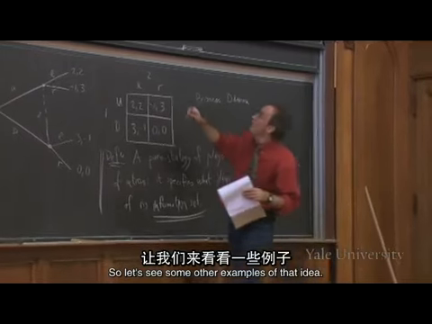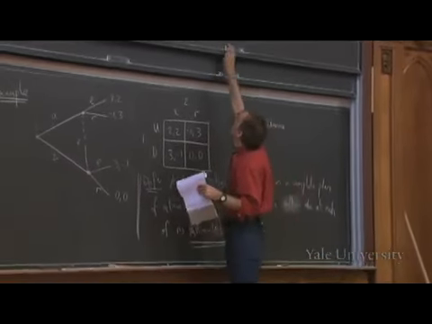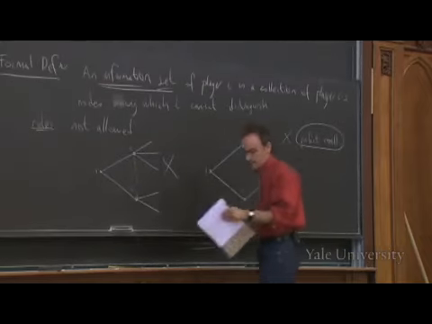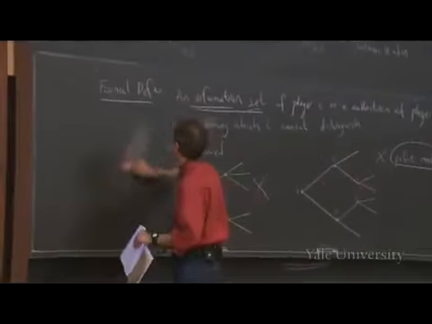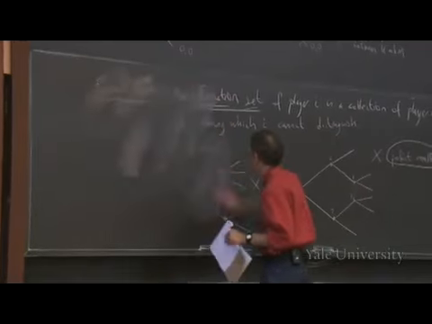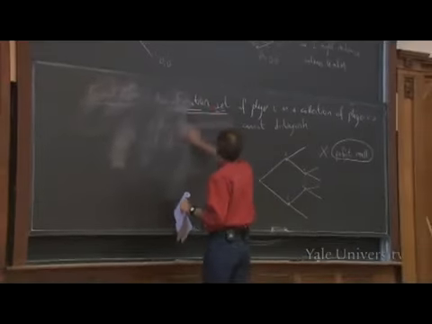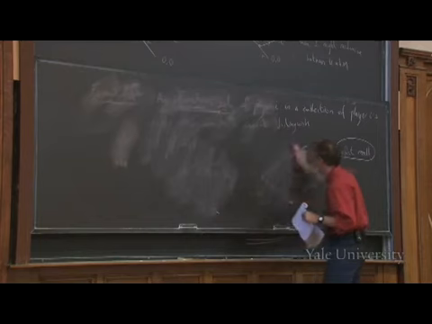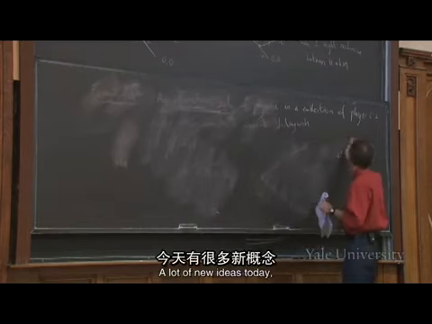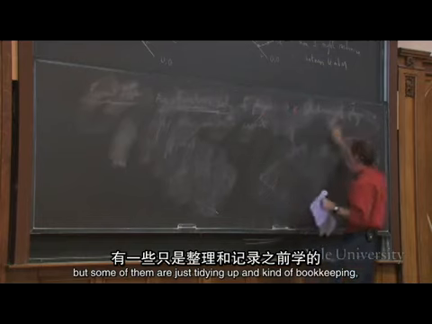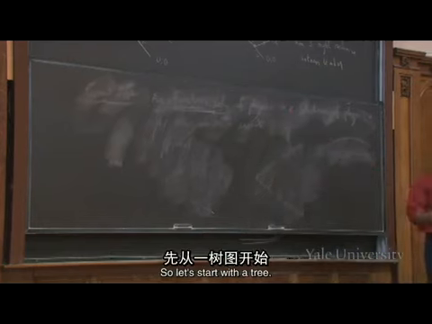Let's see some other examples of that idea. There are a lot of new ideas today, but some of them are just tidying up and bookkeeping, and some of them are more interesting.